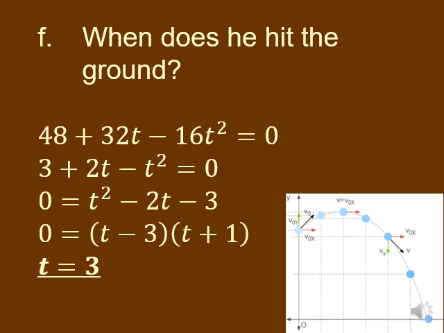Remember, when you're factoring, you want stuff that you can multiply to get -3 that's going to add up to -2. And what does that is t minus 3 times t plus 1. The final answers are always the opposites of the factor, and here I put t equals 3. Technically, -1 is also an answer, but in a problem like this, that really doesn't make any sense. That would mean I was on the ground 1 second before the problem started.